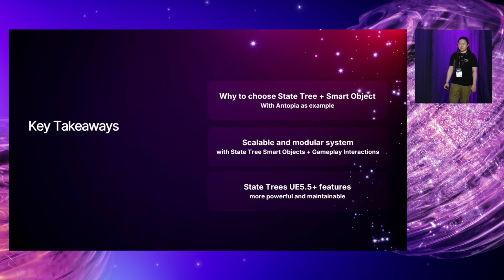But the fact that it's able to make a really clear structure for AI behaviors, and it's easy for debugging and easy to understand, makes it a more powerful tool.